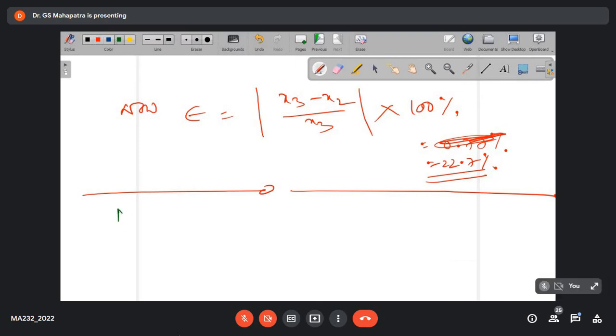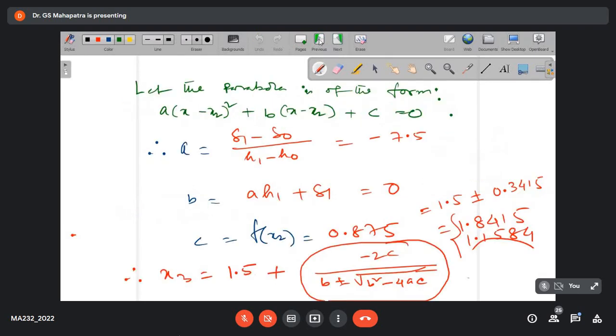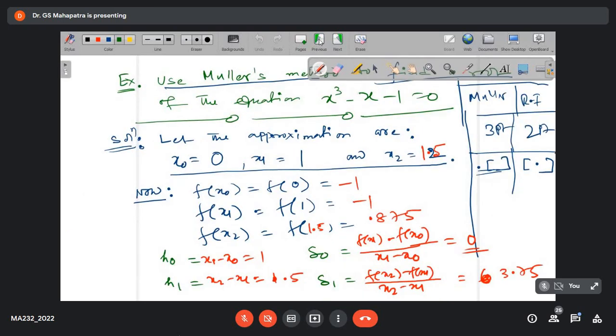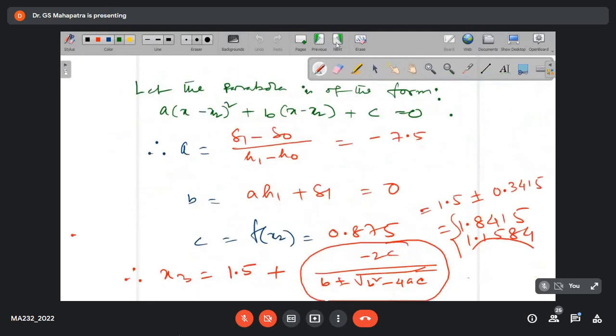So next iteration. Now let x0 be... so I will go back. Now x0 should be 1.5, and then next is 1.84, or 1.1584. So 1.1584 we will consider.